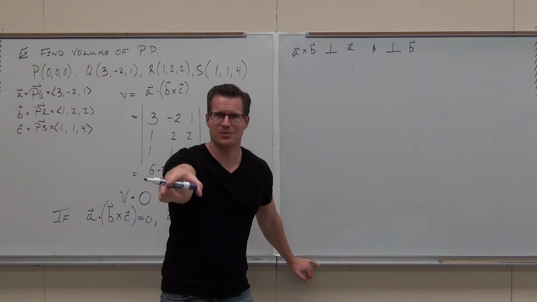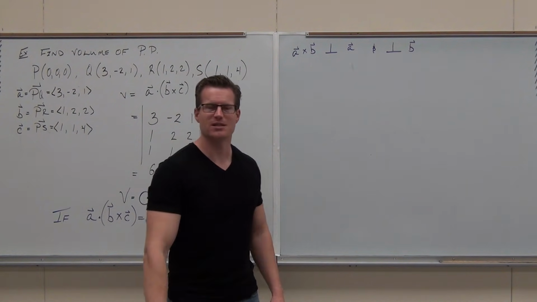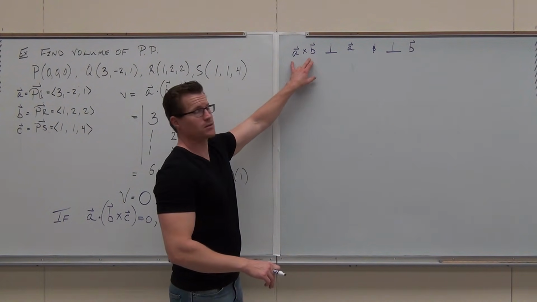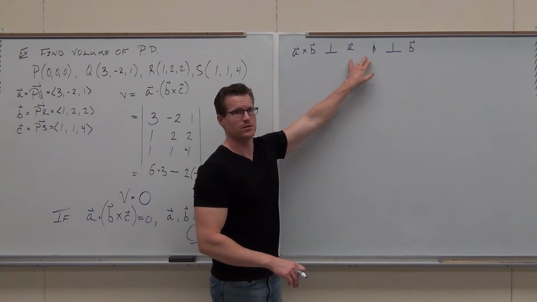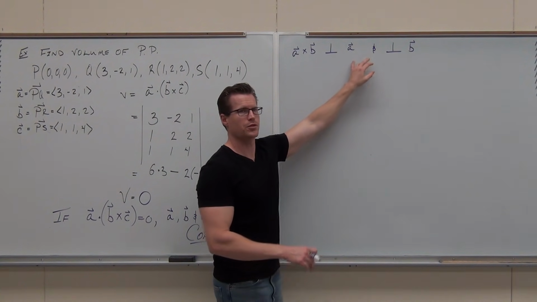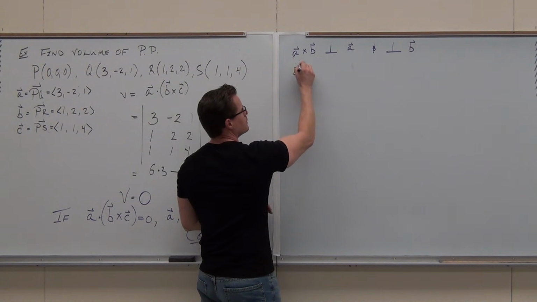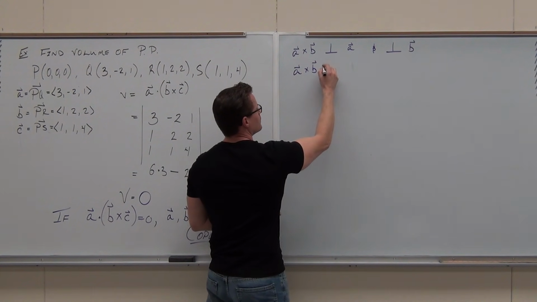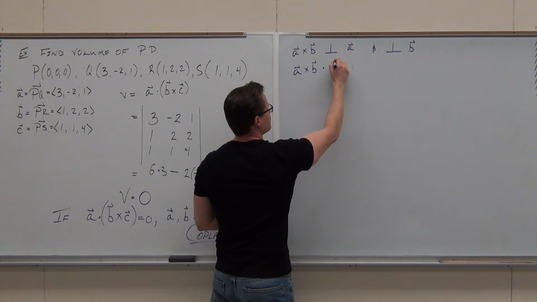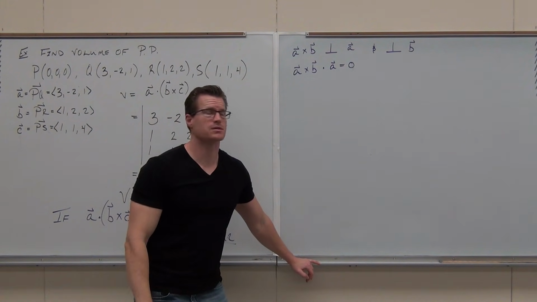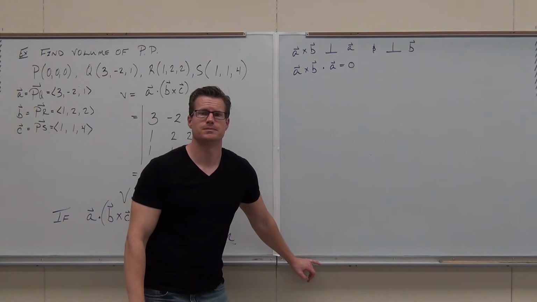Dot product. Dot product. Woo! I told you, scream for joy. That's my joy face. All right. So, is that a vector? Yes. Is that a vector? Yes. If they are orthogonal, then that has to be the case. That's got to be true.